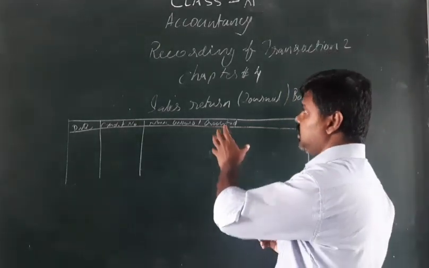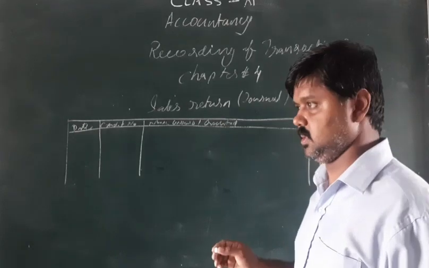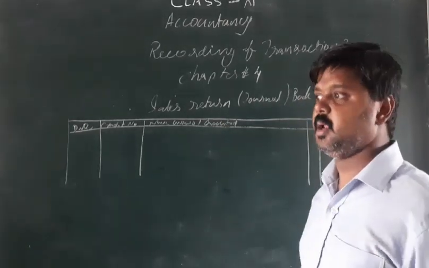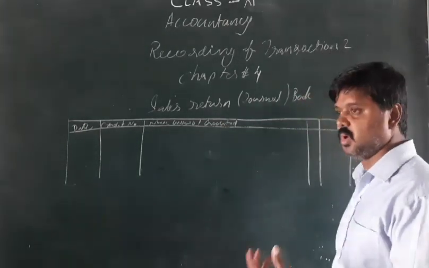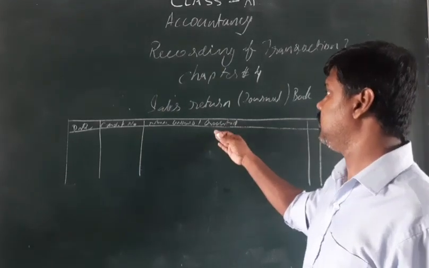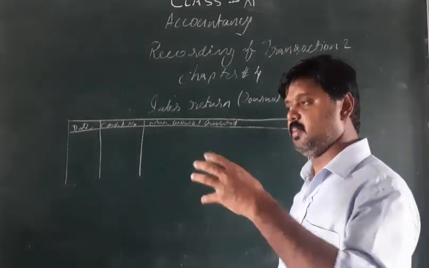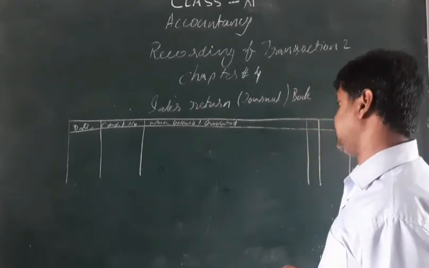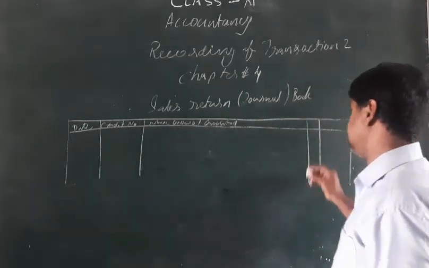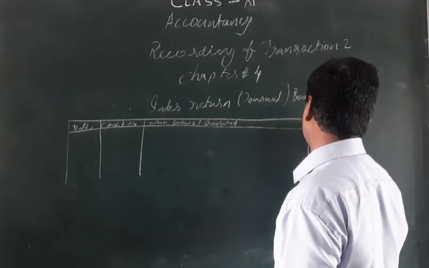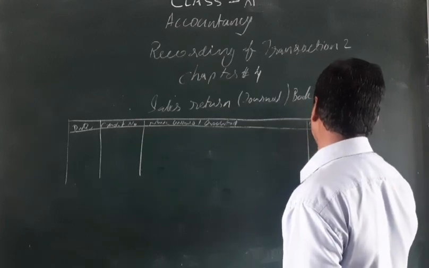Now when a sales return takes place, that means customers return the goods that we sold to them. Then their account, for how much amount they return, that much amount will be credited. So here is the amount.